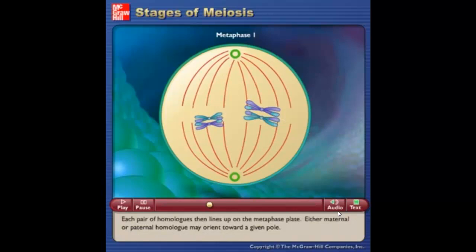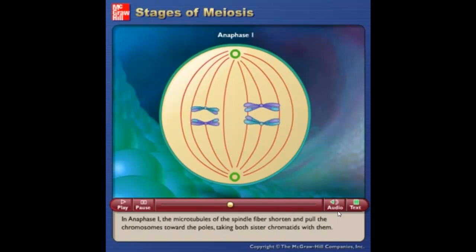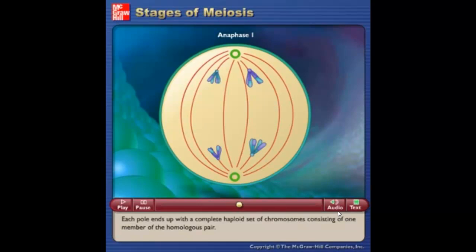Each pair of homologs then lines up on the metaphase plate. Either maternal or paternal homolog may orient toward a given pole. In anaphase 1, the microtubules of the spindle fiber shorten and pull the chromosomes toward the poles, taking both sister chromatids with them. Each pole ends up with a complete haploid set of chromosomes consisting of one member of the homologous pair.